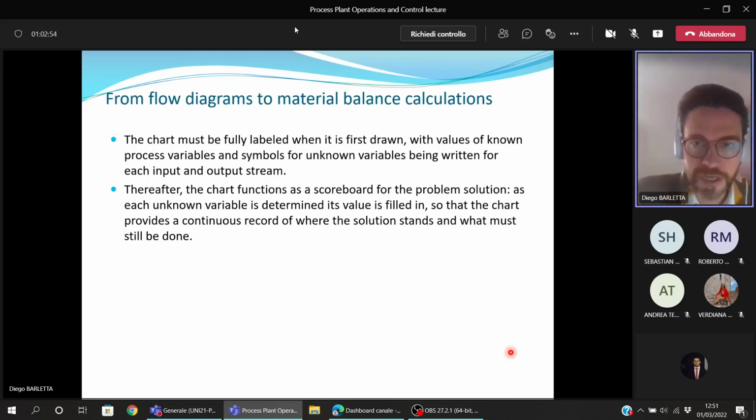So in this way, the chart is the sheet where we can directly report the solution of the material balance problem. And so it's a clear visualization of what we know and what we have to calculate directly.